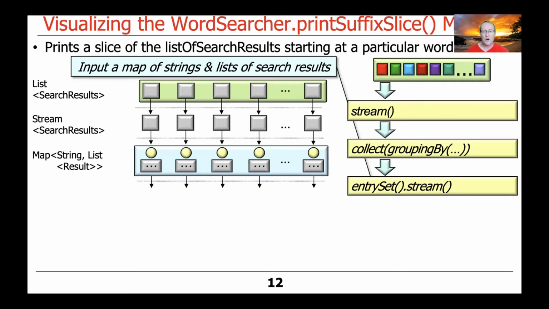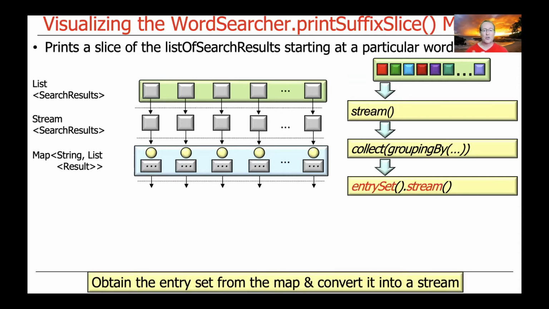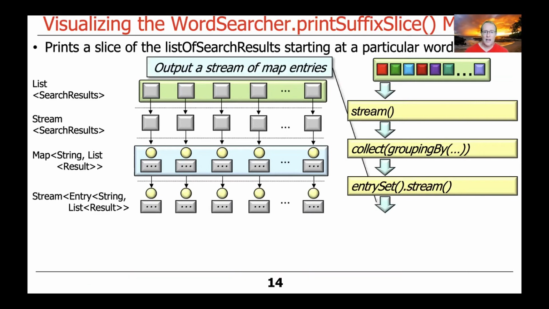We're then going to convert the map into the entry set, which is going to be the set of entries we have, which will be the key value pairs, the words and the lists of result objects. And we're going to turn that entry set into a stream. So now we have a stream of entries, which are these string list tuples.